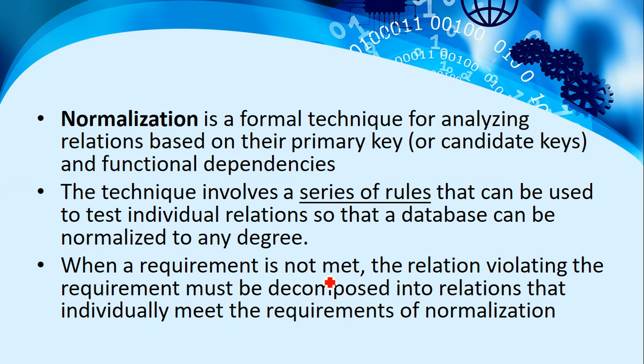Pag yung isang table hindi niya na-meet yung requirement sa rule, yung gagawin is i-decompose yung table, bali i-divide siya into, let's say, 2 or more tables, so that those individual na mga tables na nahati will meet the requirements of the normalization.